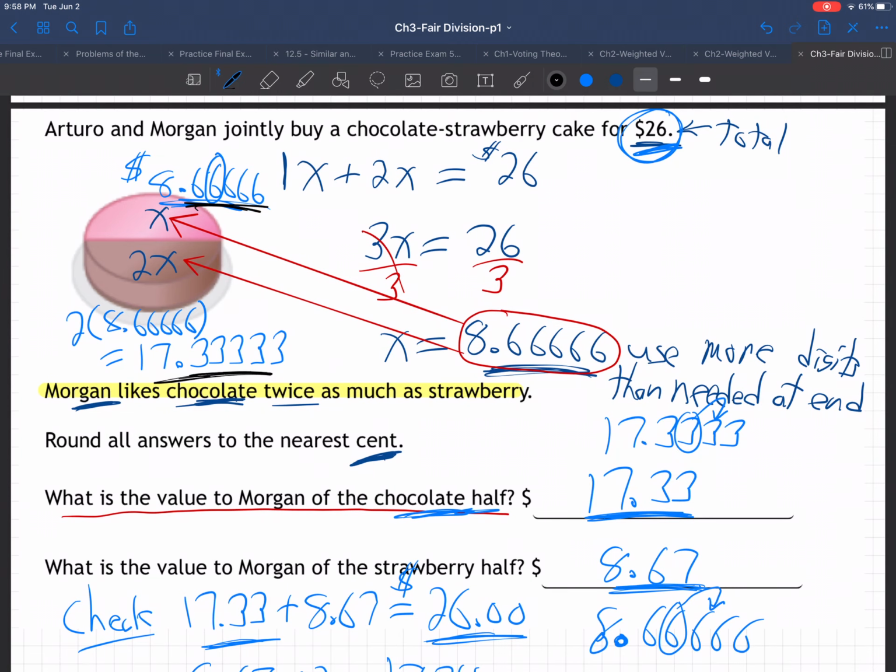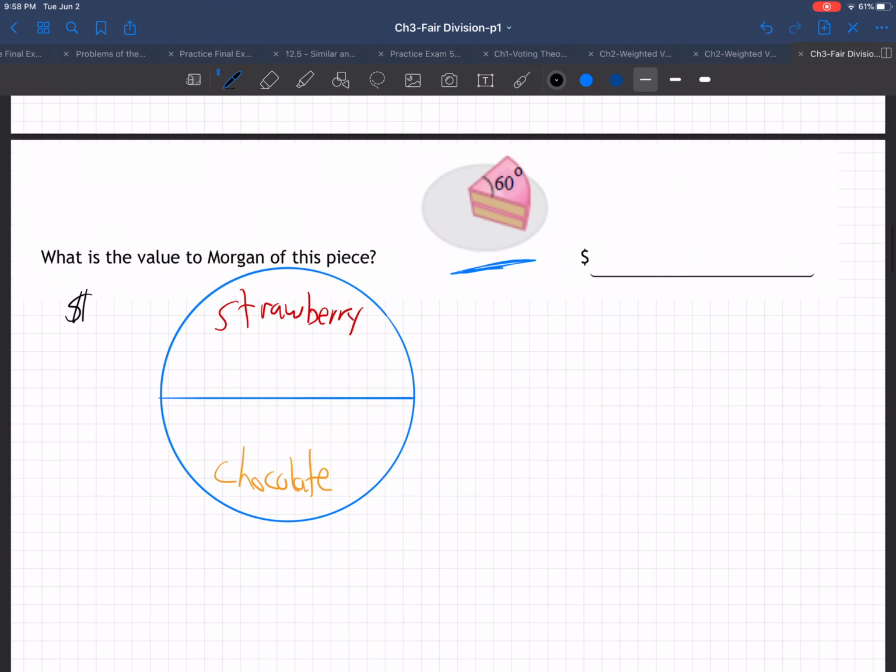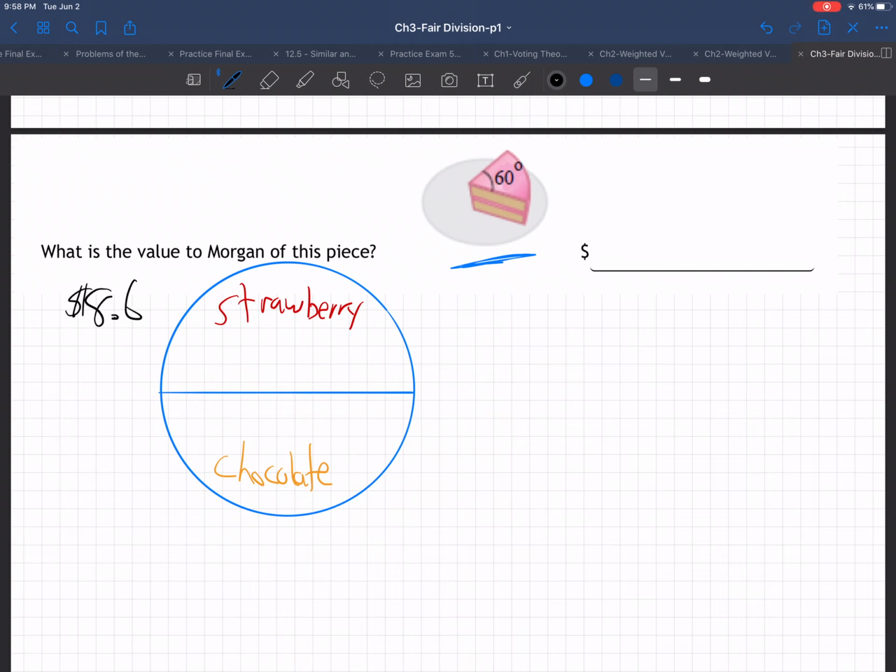Again, you have to go back to those numbers before we were rounding. You don't want to use a rounded number in a future calculation, so I'm going to use the original numbers. You never use a rounded number to do another calculation, at least not an abruptly rounded number. Use more decimals than you need.